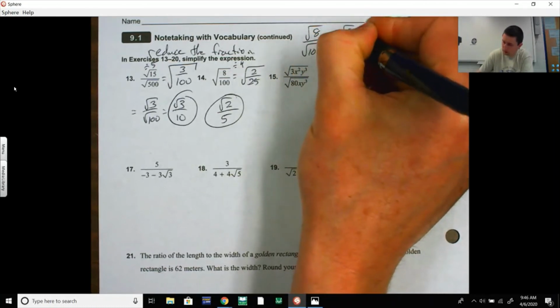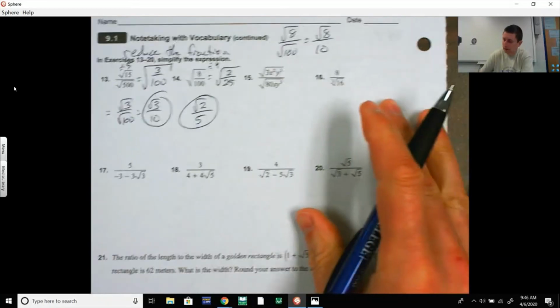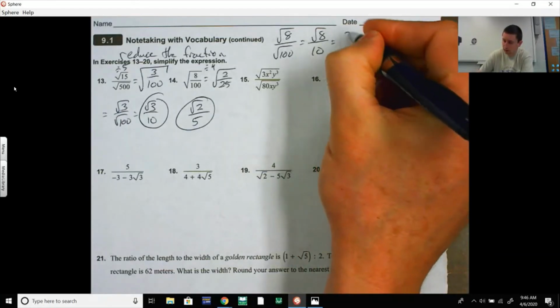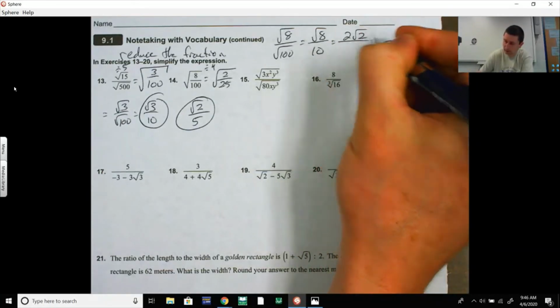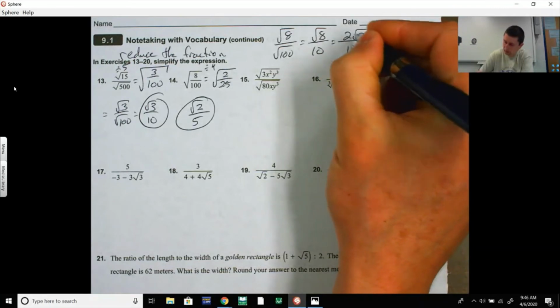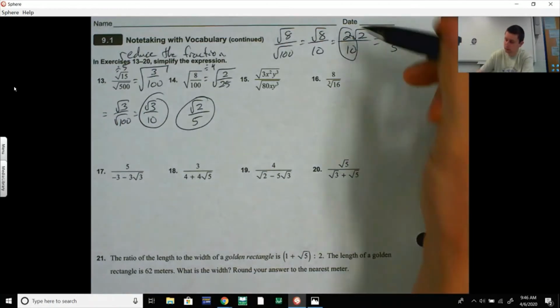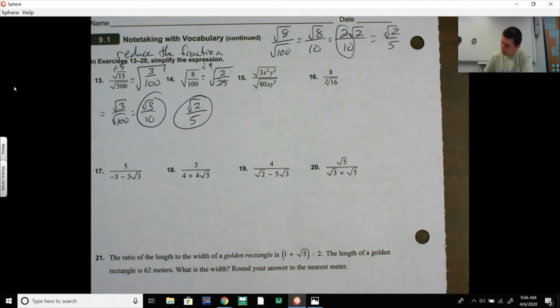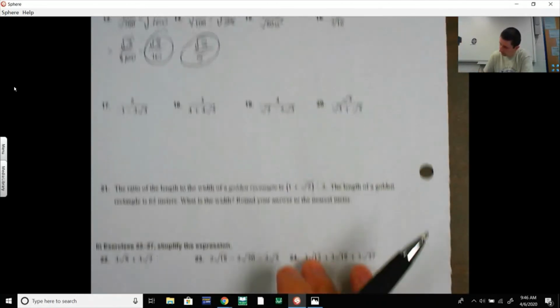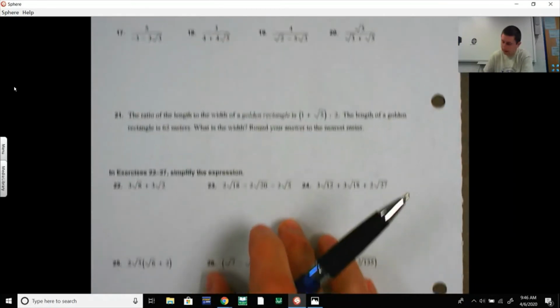So that's square root of 8 over 10, which looks like it should be okay, but the square root of 8 you can reduce into 2 root 2. There's a set of 2's and another 2 left over there. And so you get root 2 over 5 that way. Okay, the 2 and the 10 you can reduce like that. Okay, 15 and 16, none of those you'll see anything like that.